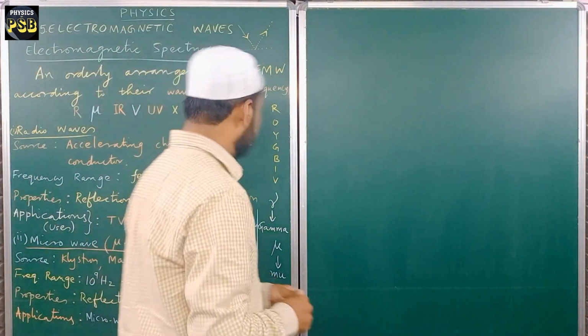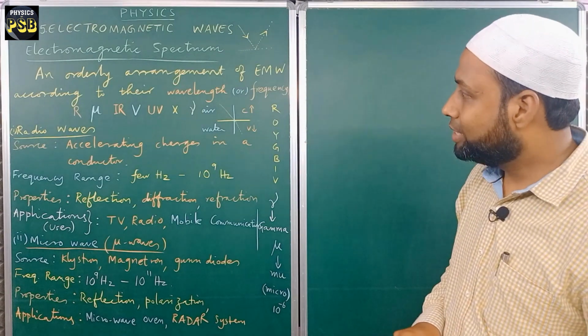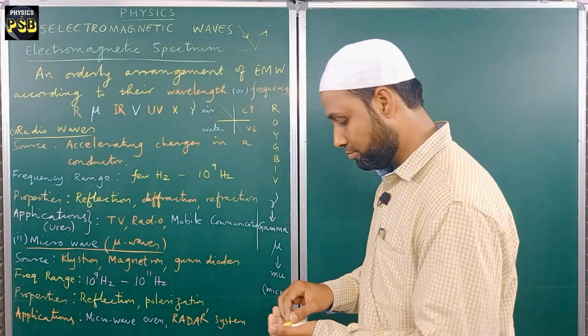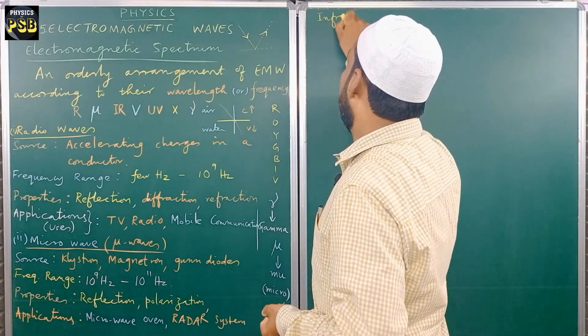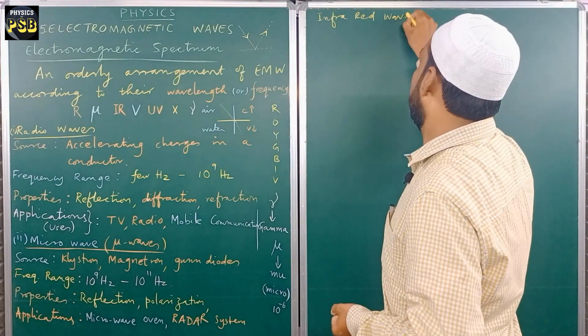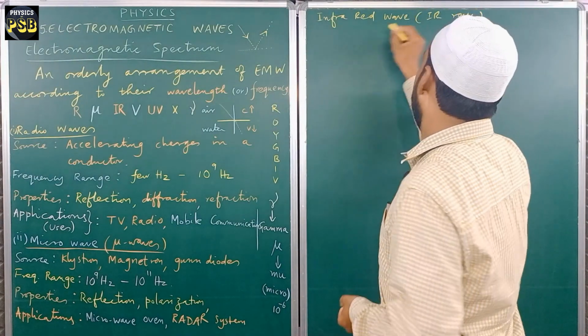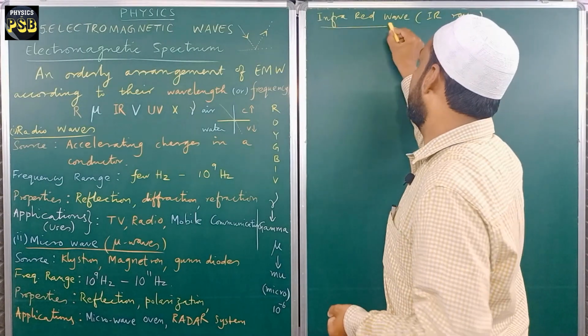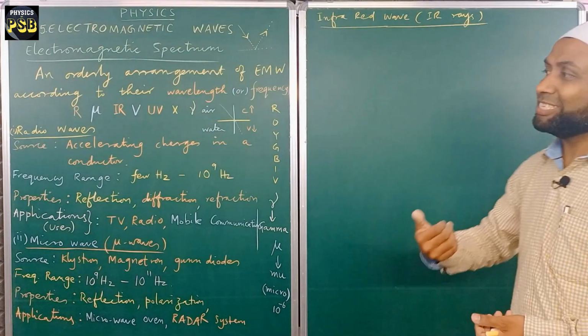We go to the next wave in the series. What is that? Infrared waves, or IR rays in a simple form. IR stands for infrared. So how is it produced?